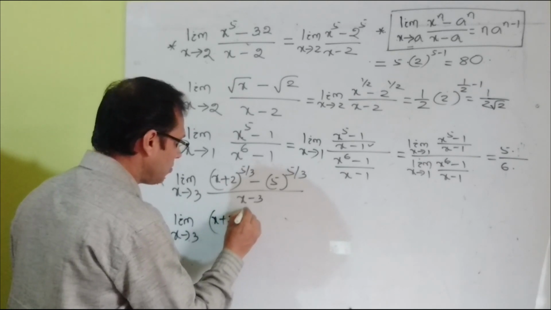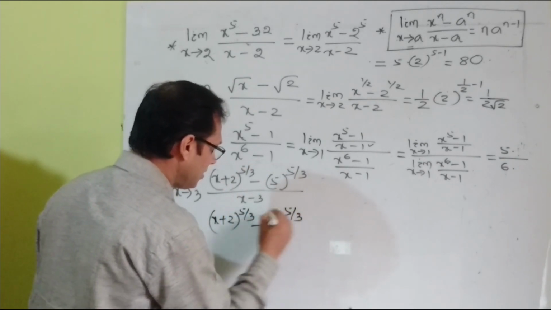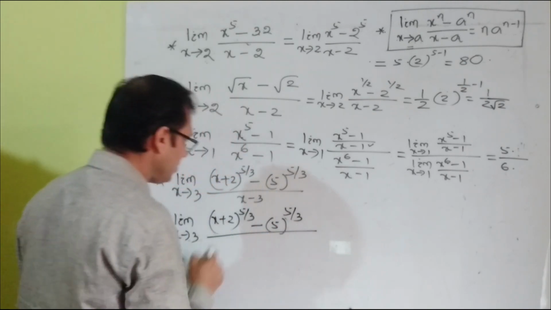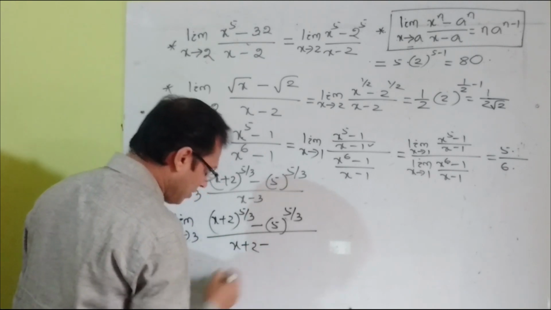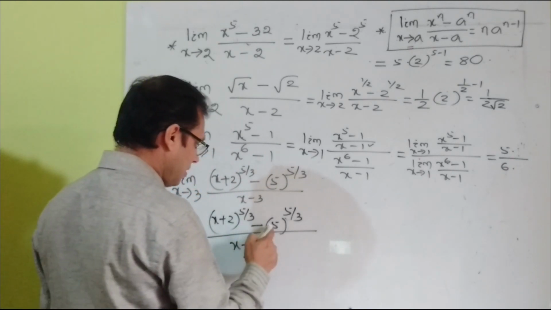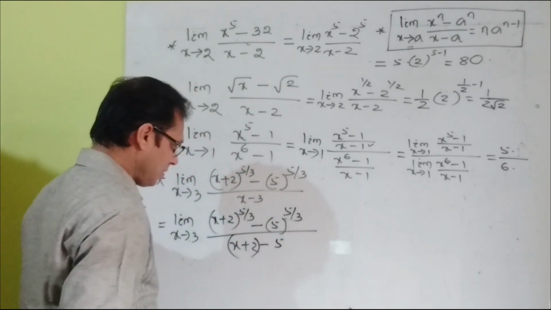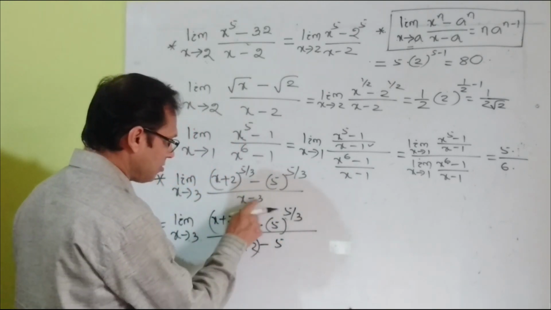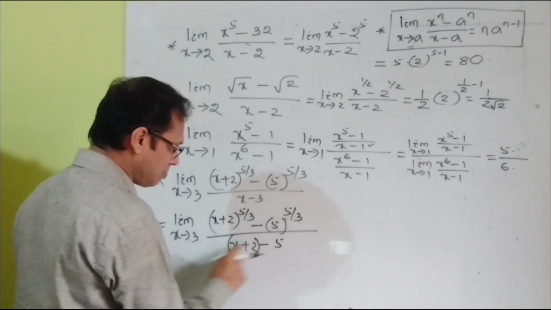(x plus 2) whole to the power 5 by 3 minus 5 to the power 5 by 3, and the denominator can be written as x plus 2 minus a, that is if you write minus 5, then what will happen? x plus 2 minus 5 is equal to x minus 3. So x minus 3 can be written as x plus 2 minus 5.